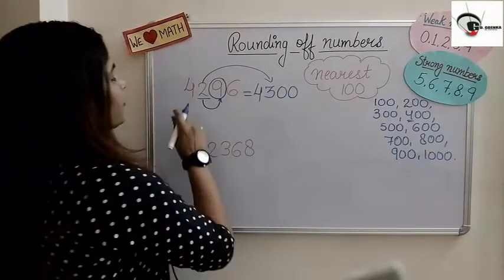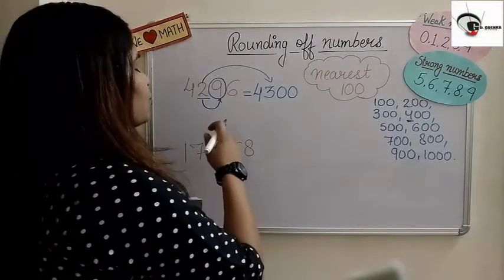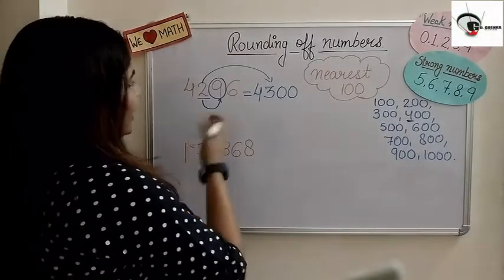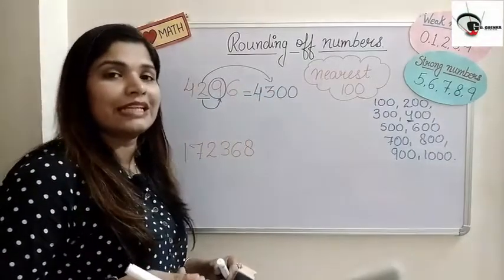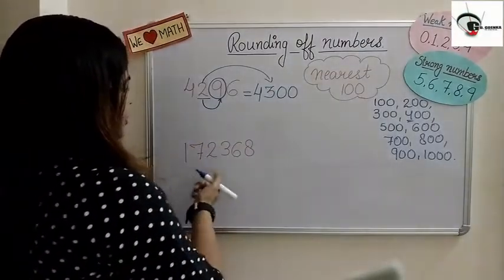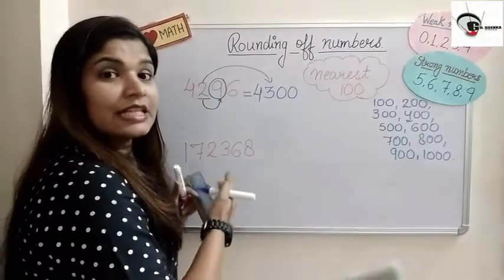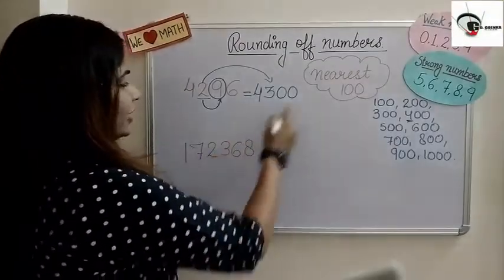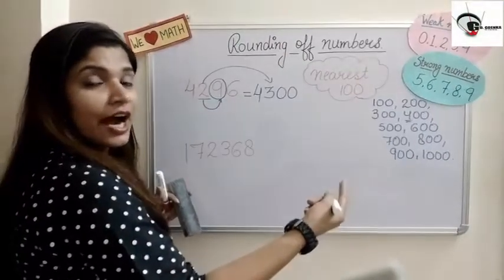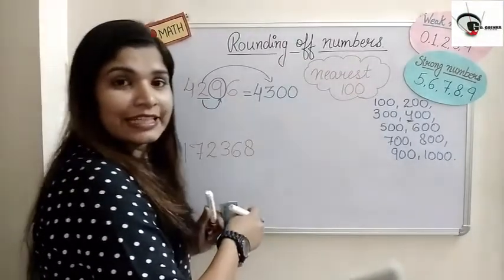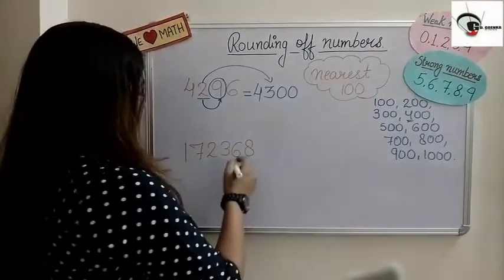So we have 4,296. If we round off, it will become 4,300. Let us see with this big number, it means a large number. So again, nearest 100, that means to the nearest 100 place.